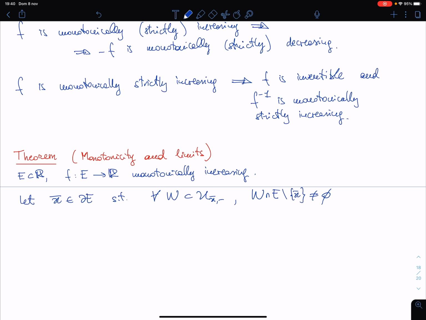So roughly speaking, I am saying, in quotation marks just to stress the fact that I'm saying a sort of formal thing, not really completely rigorous, that x bar is a left accumulation point of E. I do that because in this way it is possible to study the limit from the left.